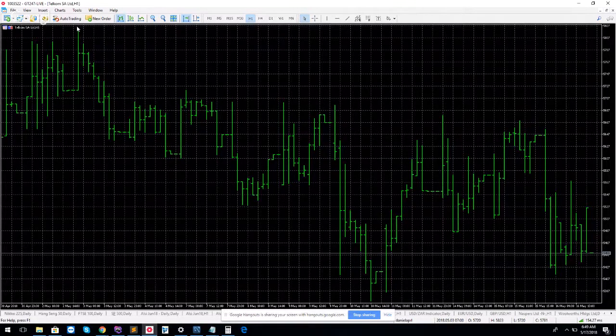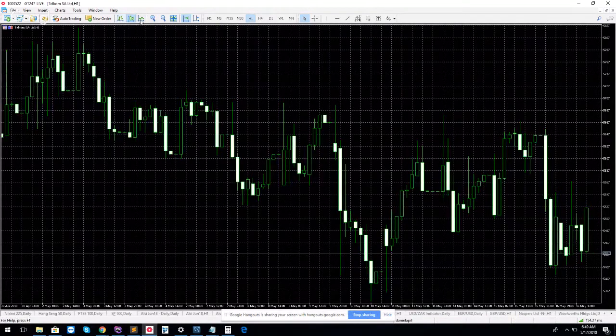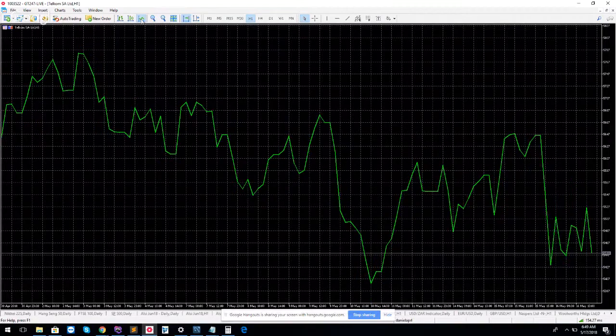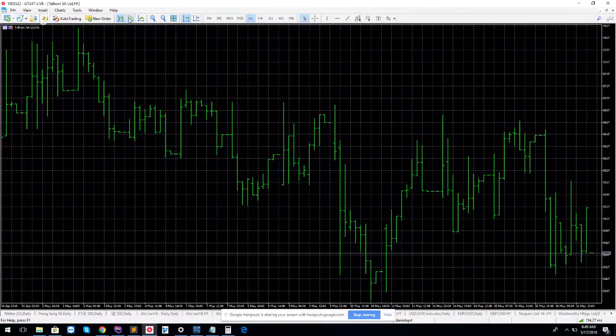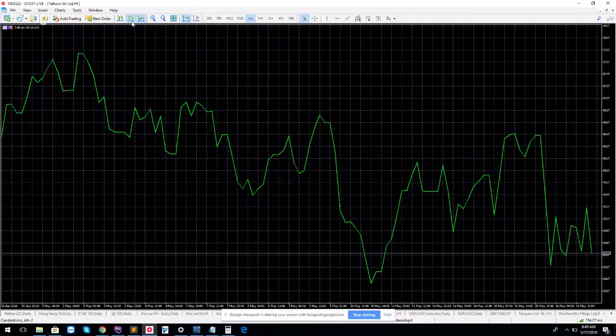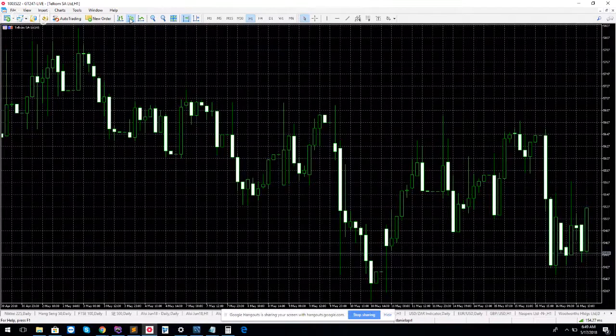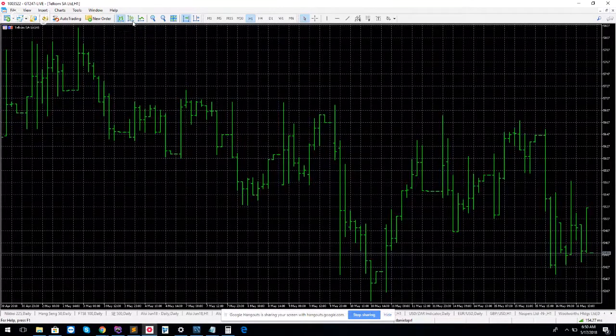But anyway, so you get bar charts, then you get candles, which look like that, and then you get a line chart, which looks like that. Now, each one of these represents the exact same data, just in a little bit of a different way. The simplest one is a line chart. Your most complex one is your bar chart, after your candle chart.